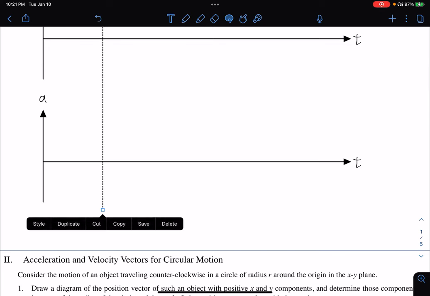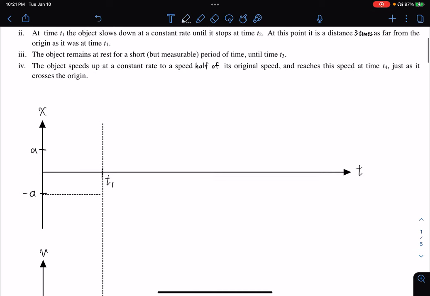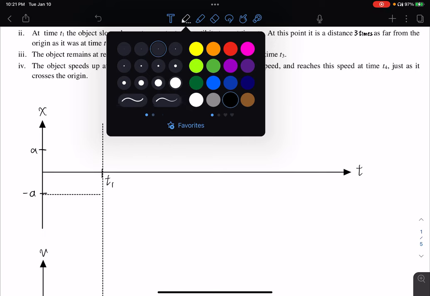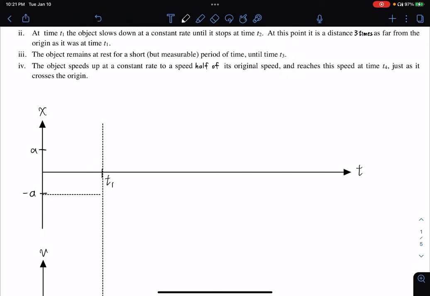It should be long enough. Good. Because the object is moving with a constant velocity, it should be a straight line in the position graph, and it will be going downward like this.